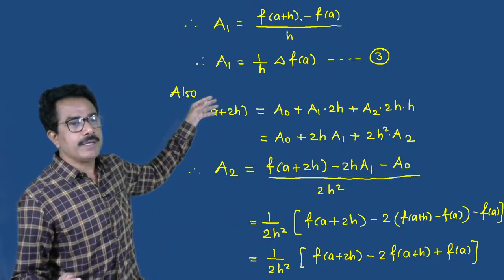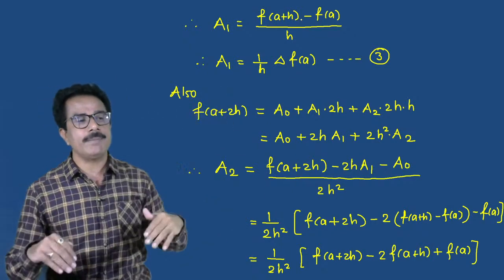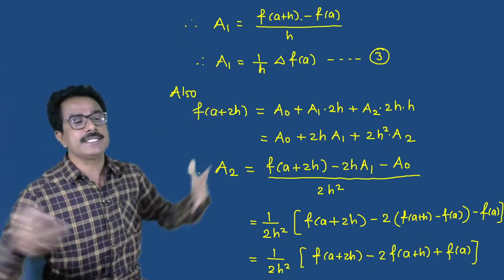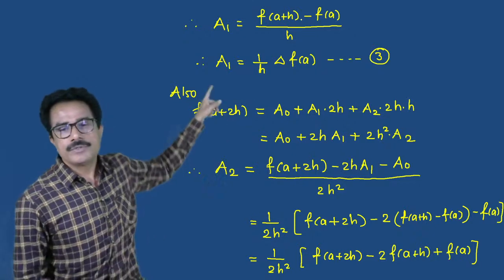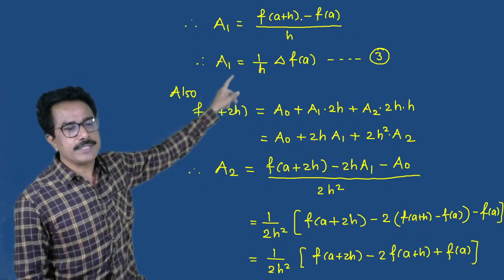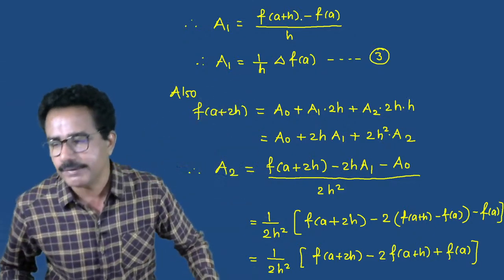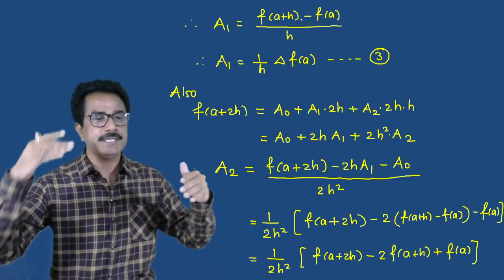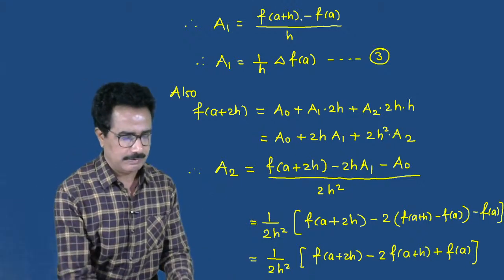That means a1 of h can be written as delta f of a. So a1 is equals to 1 upon h into delta f of a. This is the first answer. हे फर्स्ट आन्सर झाला.